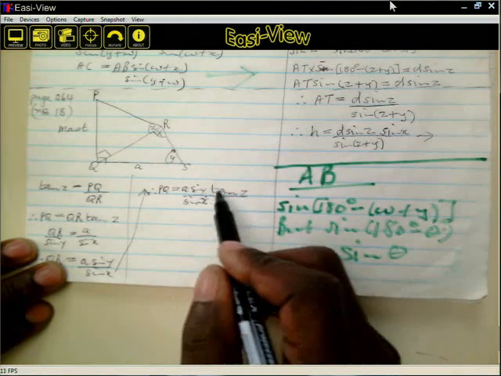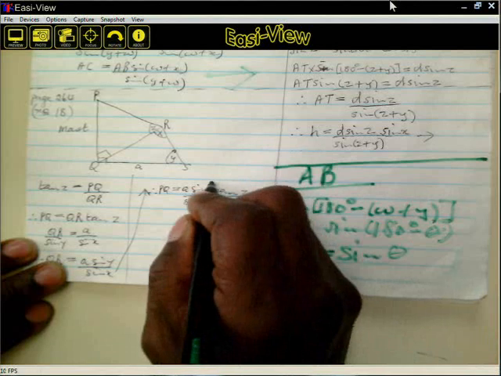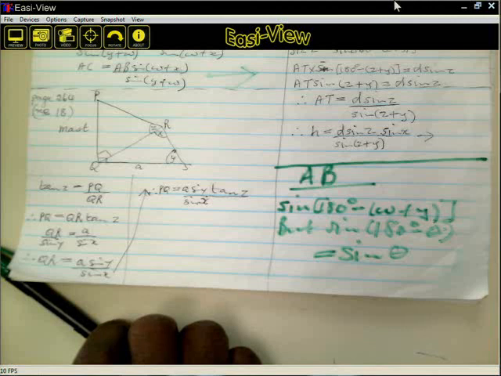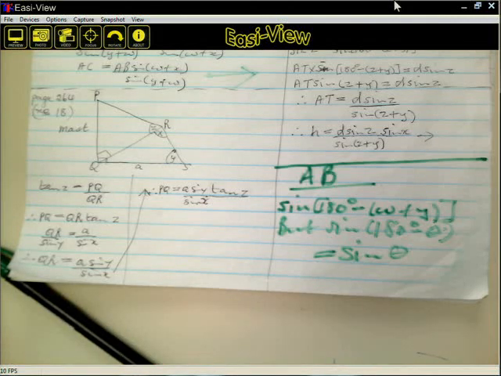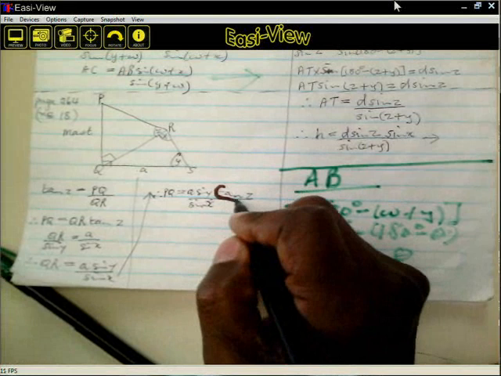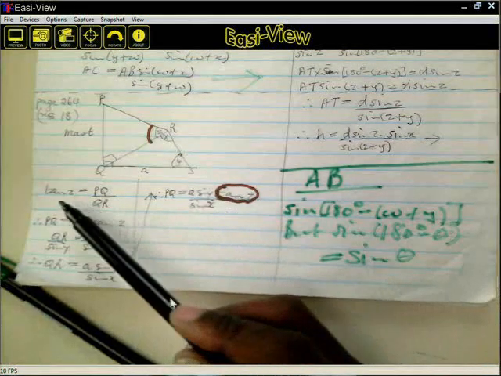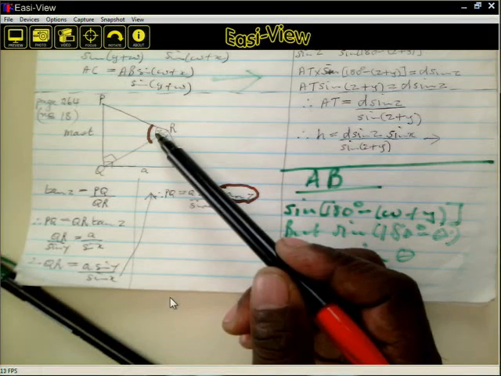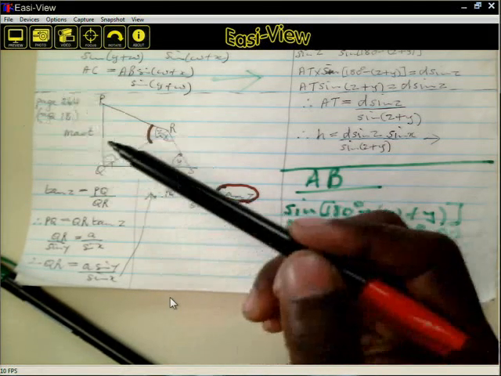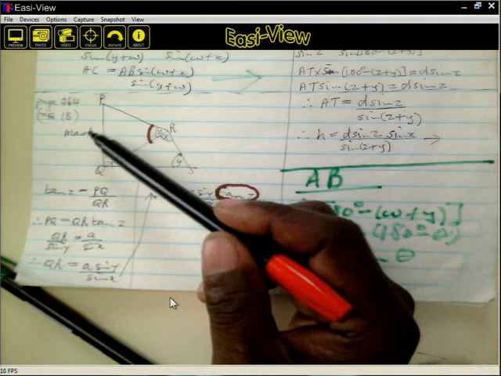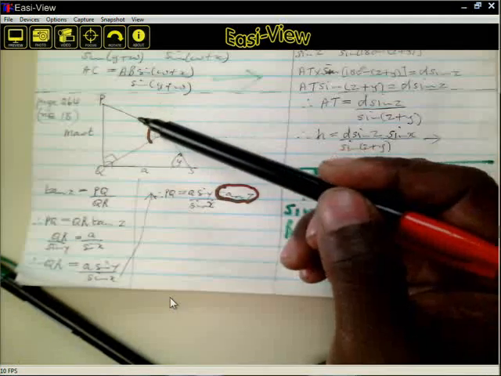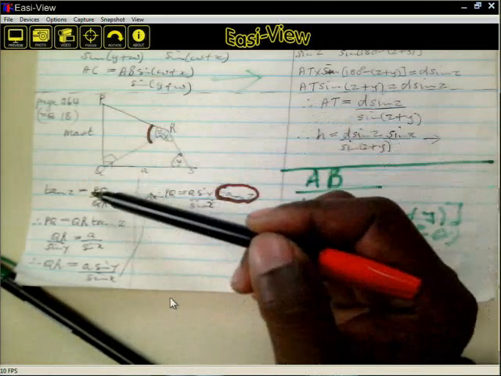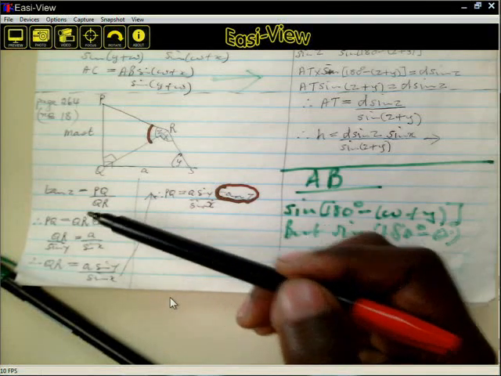So directly, immediately look for tan Z. We look at tan Z because the angle Z is in a right angled triangle.